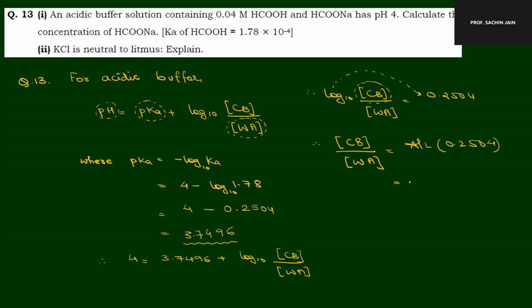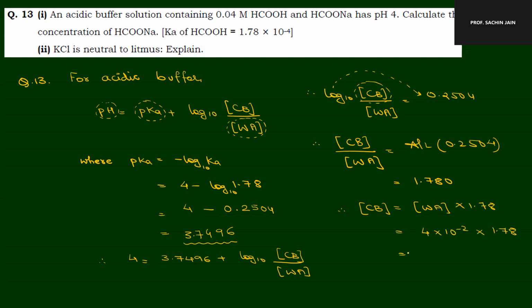Now in the anti-log table, look at 25 and 0.4: 25, 0, 4. It is 1.780. And therefore conjugate base will be weak acid concentration times 1.78, which will be 4 × 10⁻² as given, into 1.78.